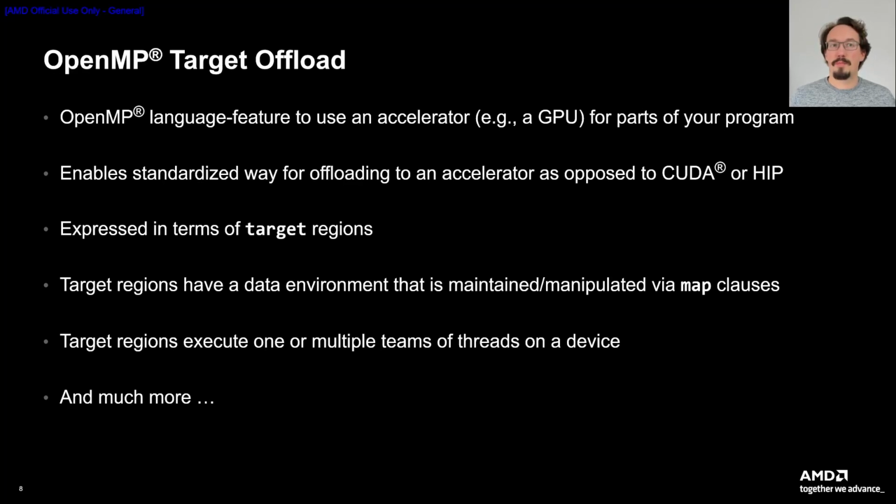In order for them to do meaningful work, a target region has a data environment, which explains how the target region needs access to data. This will be explained in more detail throughout this presentation. Finally, as a note, these target regions execute on one or multiple teams of threads to fully exploit the tremendous parallelism that today's GPUs offer.